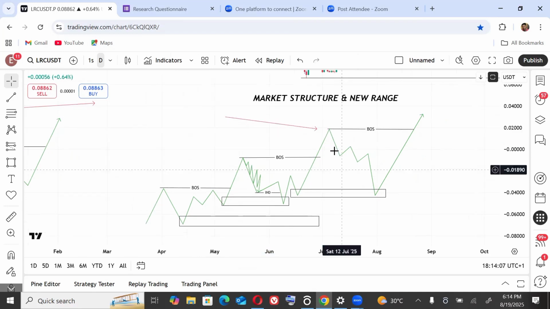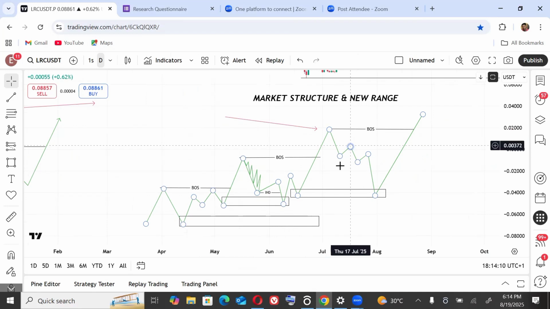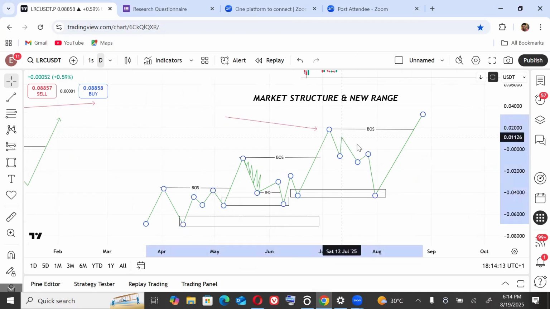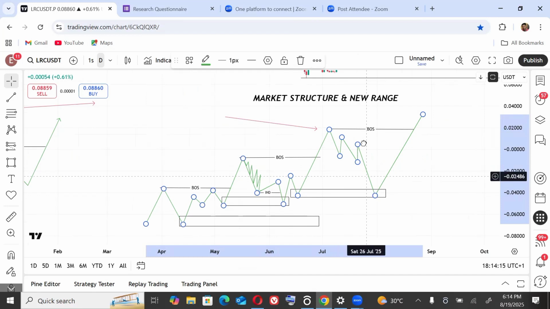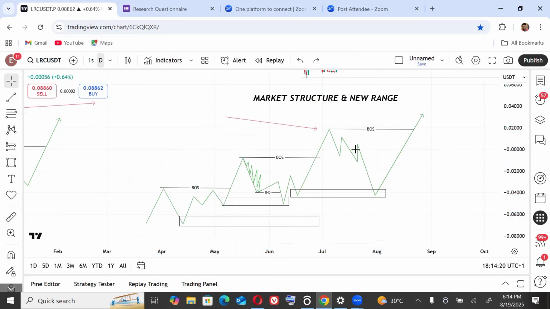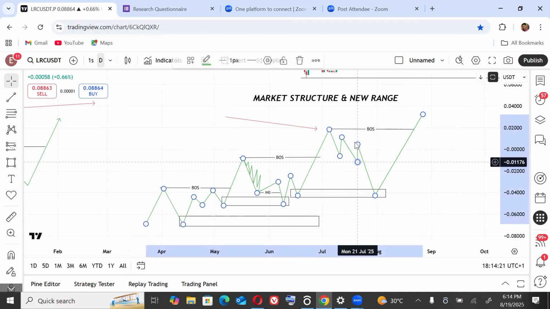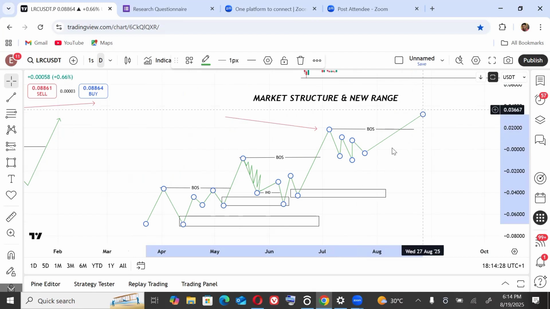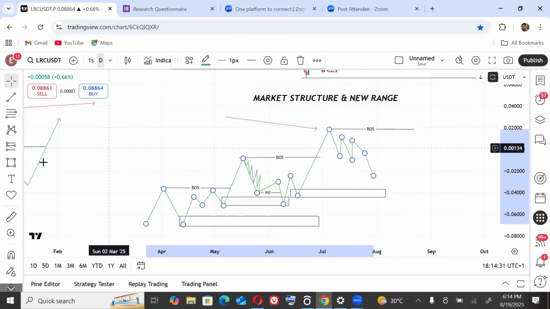So now look at this very clearly. Are we seeing any price action that shows that there is imbalance?